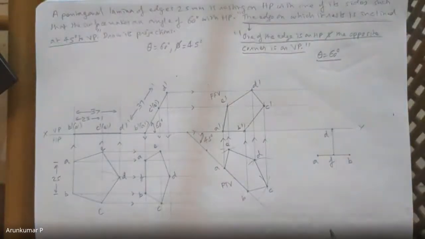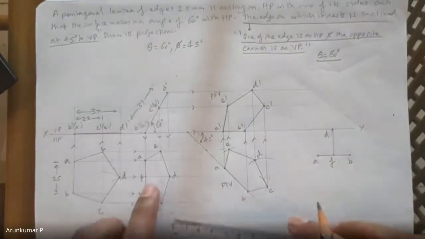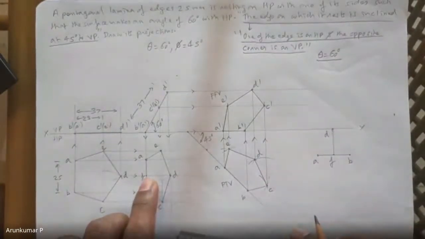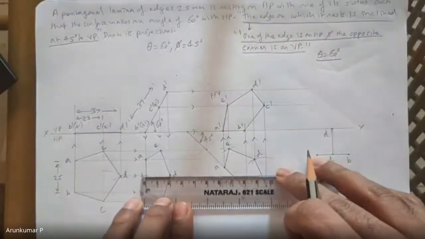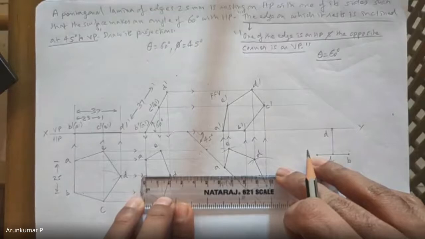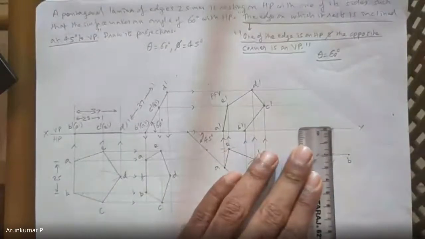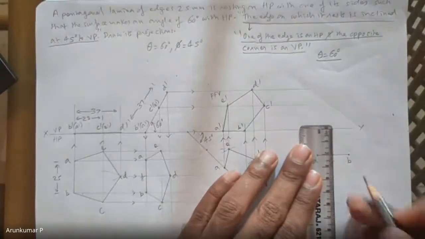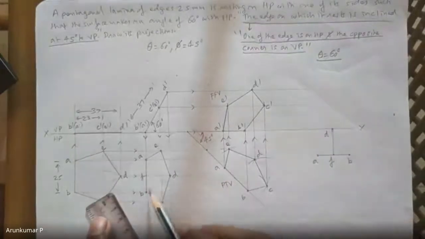Got it? So please observe the approach that I am following. First, I have located the midpoint of AB, F, and then I have found out the distance between D and F, which is coming to around 20 mm. So this 20 mm becomes a vertical line. So from D, I'll measure 20 mm and I'll locate F. F is the midpoint of AB.